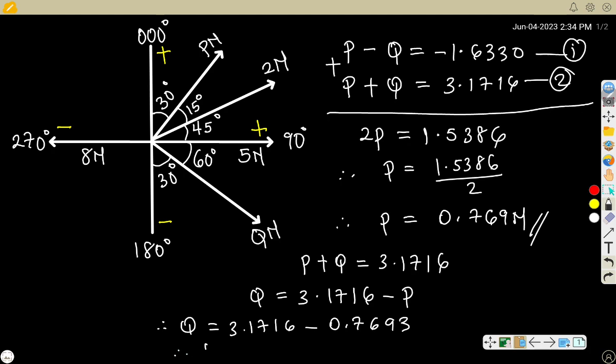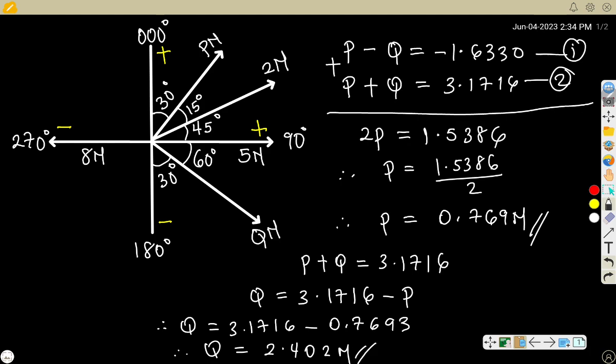So Q is equal to 3.1716 minus 0.7693. So Q is 2.402 Newton. So that is our Q.